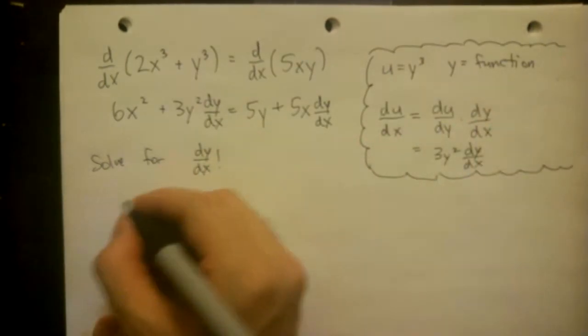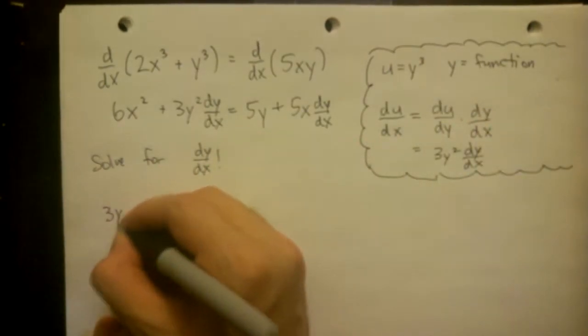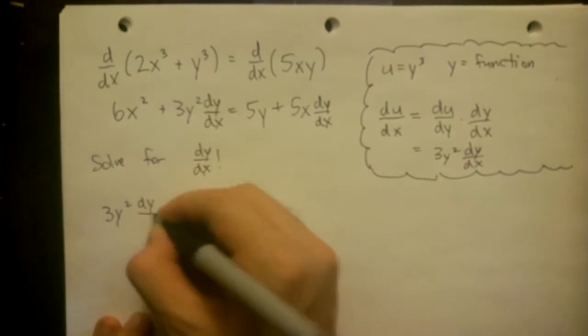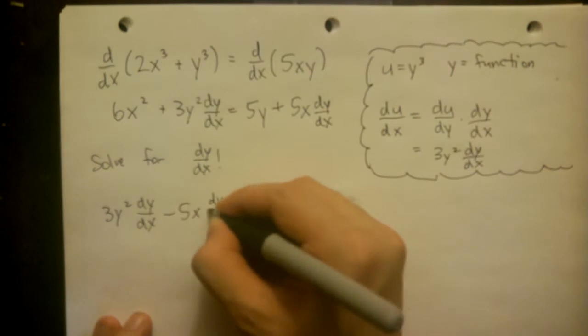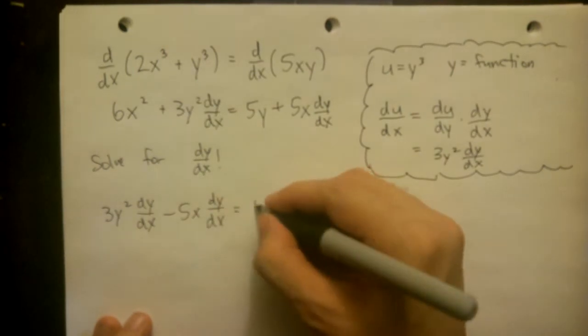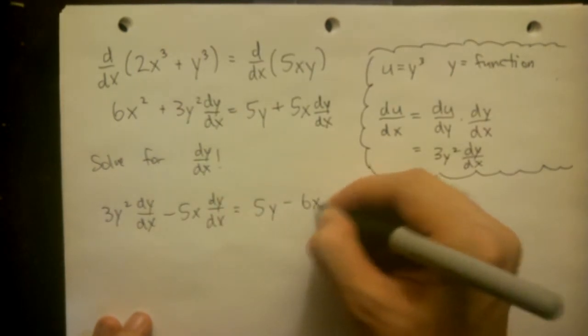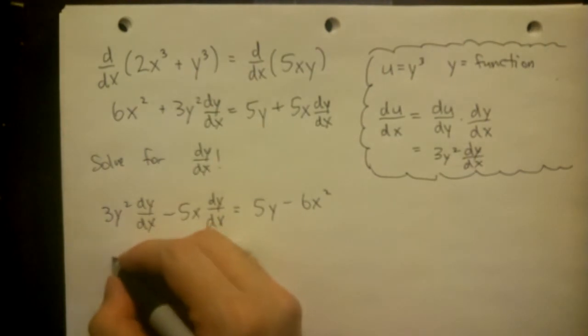And so let's do that. We bring all the terms with dy/dx over to one side, and all the other terms to the other side, and factor out dy/dx.